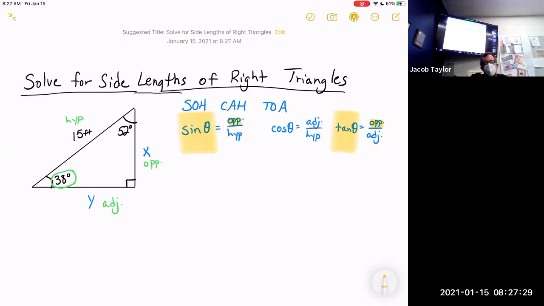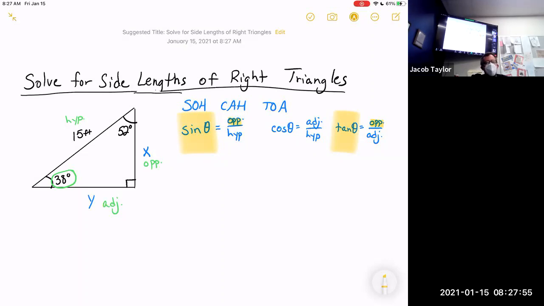So sine or tangent, which one should we use? Well, if we use tangent, we're going to replace the adjacent with y and the opposite with x, and we will have tangent 38 equals x over y. We can't solve that problem because it has two variables in it.